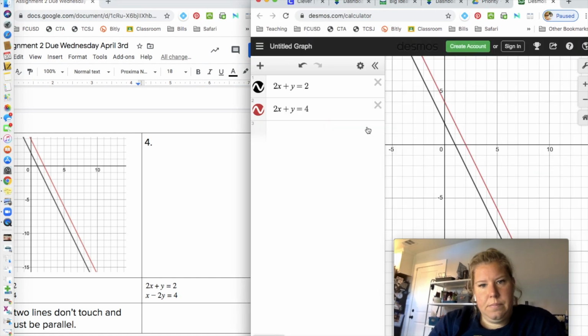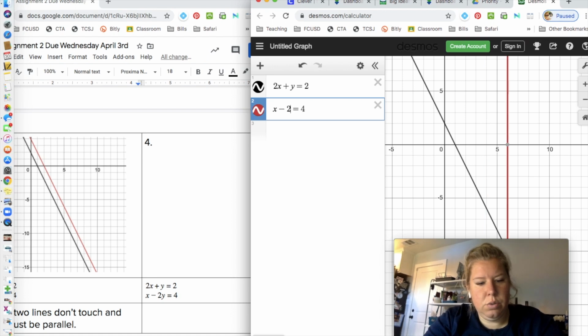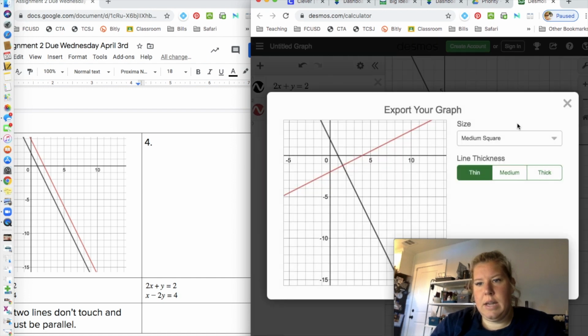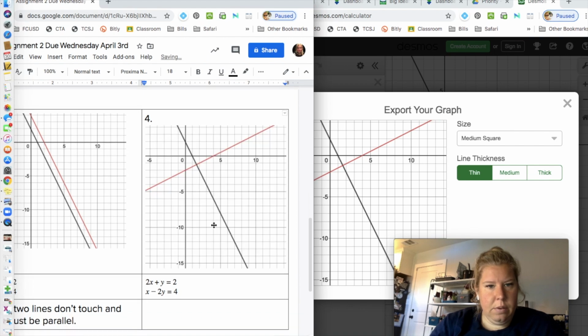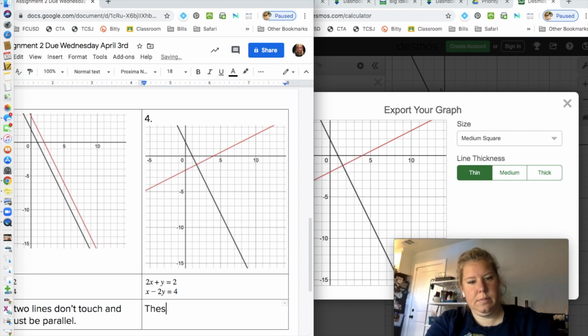Last two lines. The first line's the same, 2x plus y equals 2. And then this line is x minus 2y equals 4. Let's take a look at this guy. Now, these two lines clearly intersect, but they intersect at a 90-degree angle.